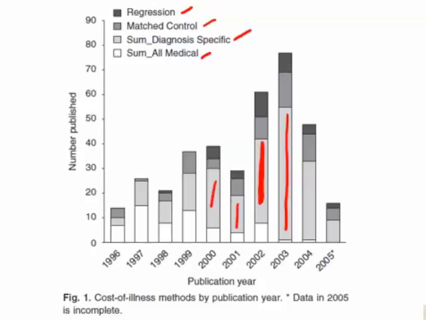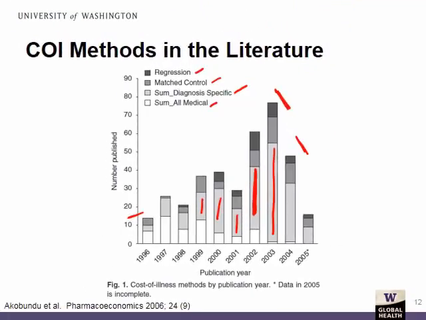But another thing you can see from this picture is that compared to other kinds of studies, cost of illness studies are actually rare. So in 1996 you had less than 20, and now you have 80 studies or something like that these days. So they are increasing, but compared to, say, cost effectiveness analysis, they are still relatively limited. But it seems that up till now, the sum diagnosis specific costs method is the most common.